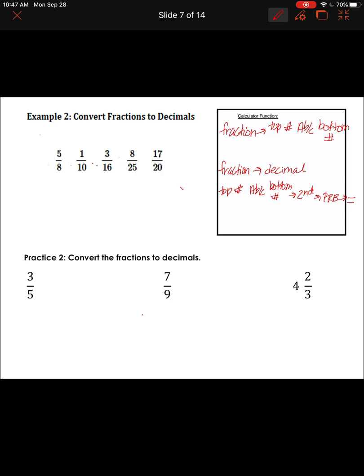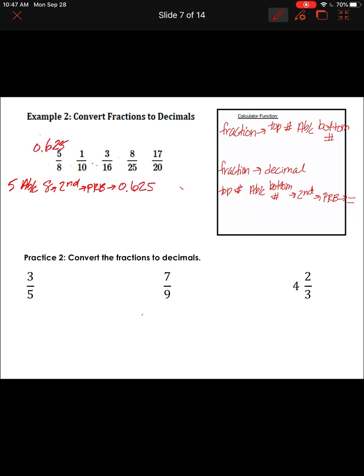Okay, so let's convert these fractions to decimals. So for 5/8, I'm going to type in 5 AB/C 8. And then you're going to hit second PRB. And we should get 0.625.